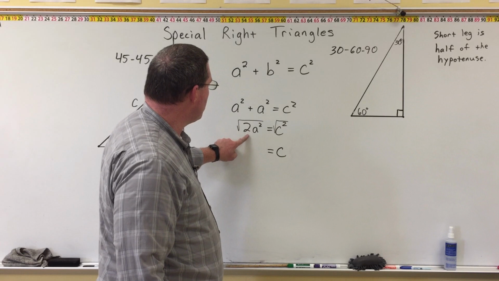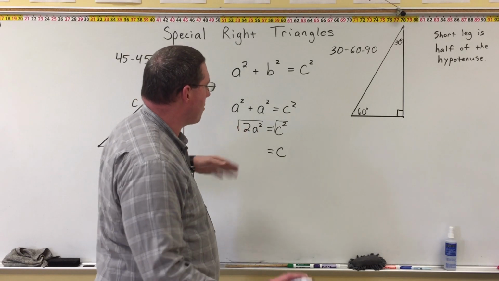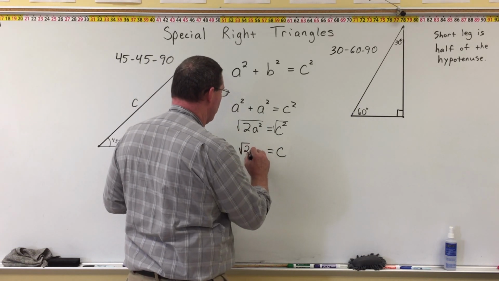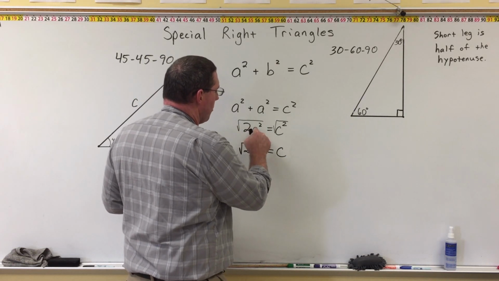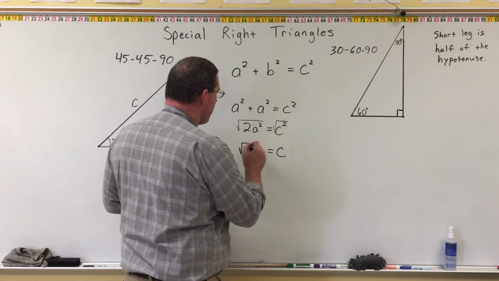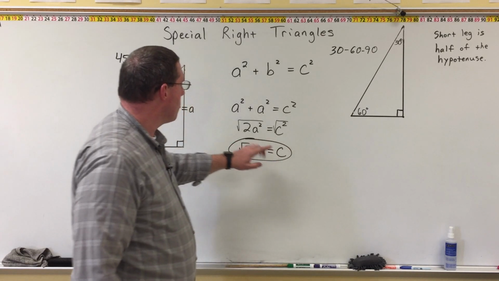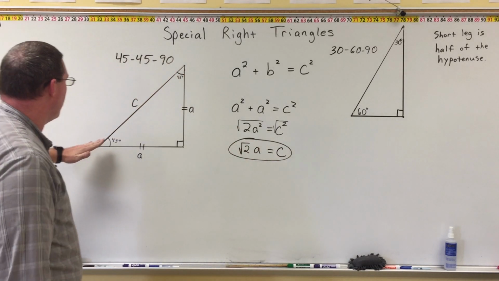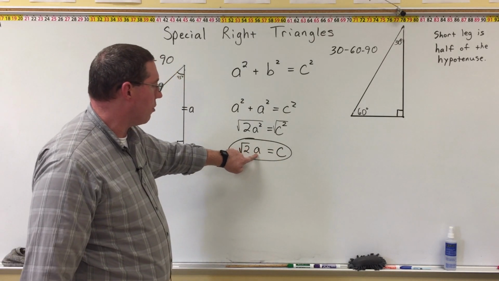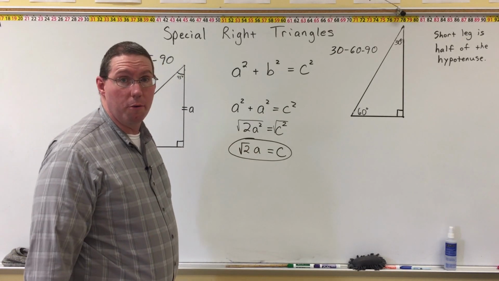When I square root 2 times a squared, the square root of 2, that's not a whole number, okay? That's irrational. So I'm just going to leave it as the square root of 2. And then the square root of a squared is just a, okay? And so here's our first formula: the hypotenuse in a 45, 45, 90 right triangle, to find the hypotenuse, all you have to do is take the length of one of the legs and multiply it by the square root of 2.